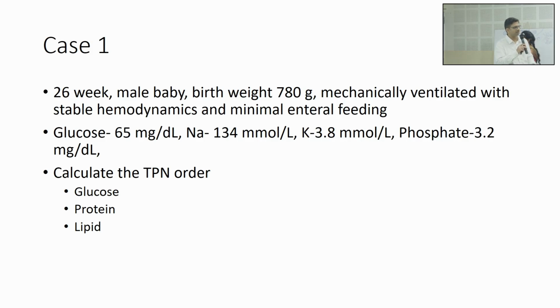Lipids 2 gram per kg. And about trace elements, calcium and phosphorus 60 mg per kg per day. And the ratio, as sir mentioned, is 1.3 to 1.7 is to 1.